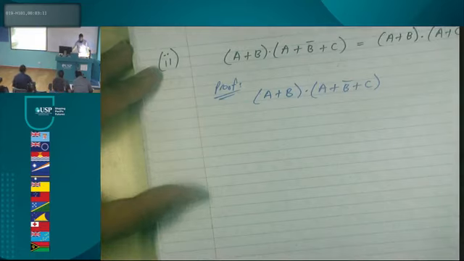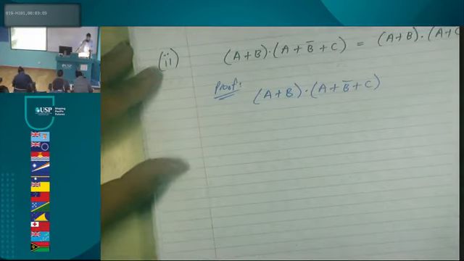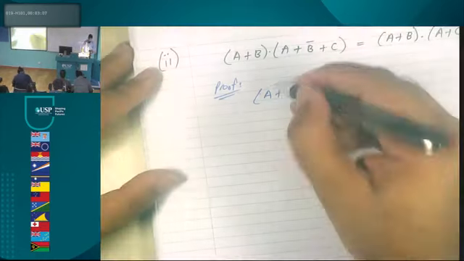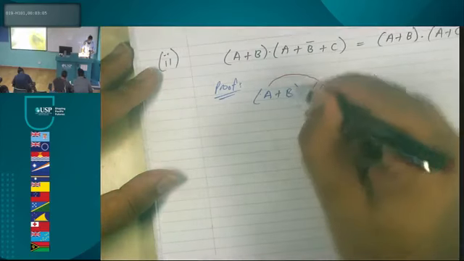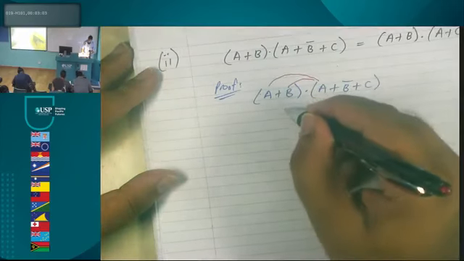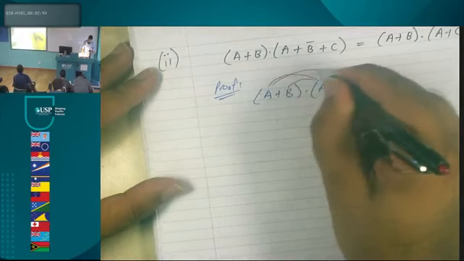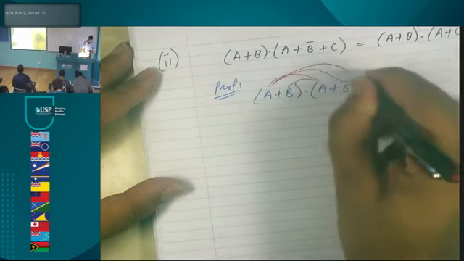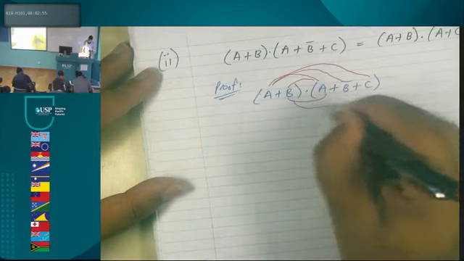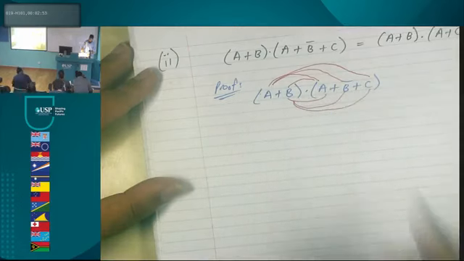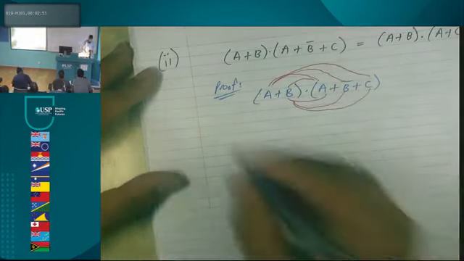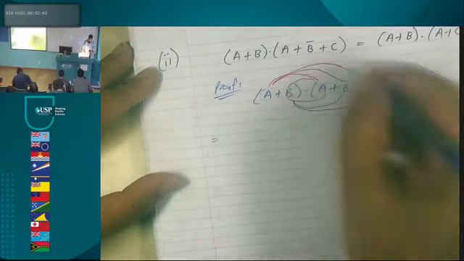Okay, what we can do is one way to prove it. One way to prove it is we expand using the distributive property. Here. Okay, so let's have a look at that. Let's do the top side.